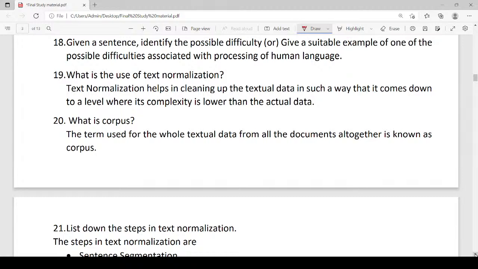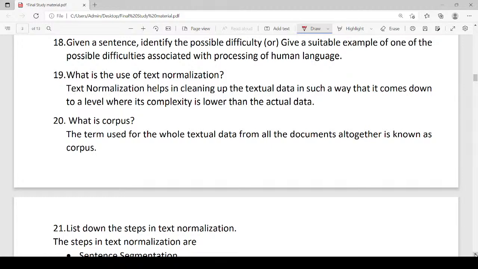What is the second step? Once you segment the sentence, what do you do? The second step, tokenization. Excellent. Deepika has given answers. Sentence segmentation, tokenization. After that, the third step, once you tokenize, removing stop words.